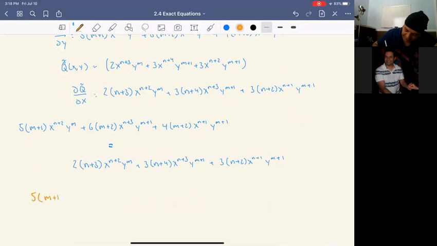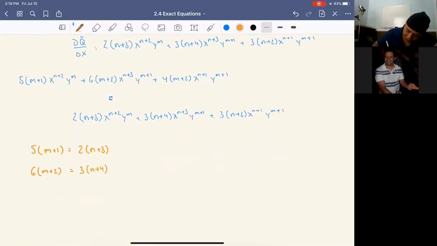5m plus 1 has to equal 2n plus 3, 6m plus 2 equals 3n plus 4, and 4m plus 2 equals 3n plus 2.